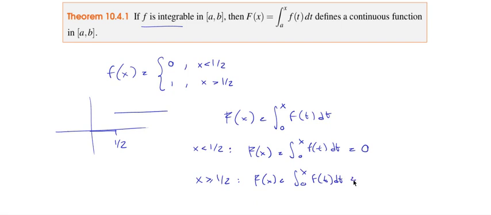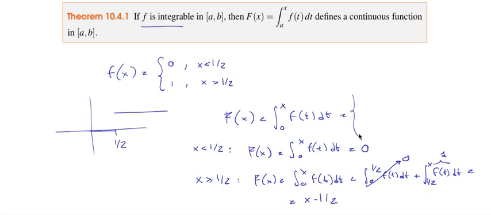We can separate this into the integral between 0 and 1/2 of f plus the integral between 1/2 and x of f(t) dt, right? Now in this interval f is 0, in this interval f is 1. So this is equal to b minus a, in other words x minus 1/2.